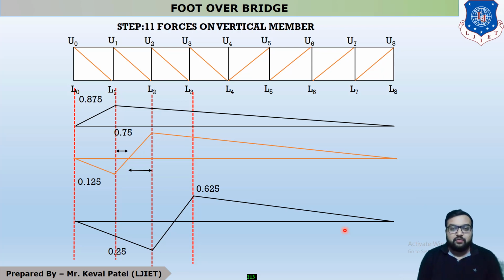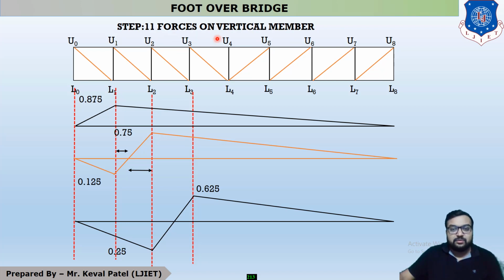Now we are moving further to step number 11, which is the forces on vertical members. The design of the vertical member and the design of the diagonal member are related to one another. So let us start step number 11.